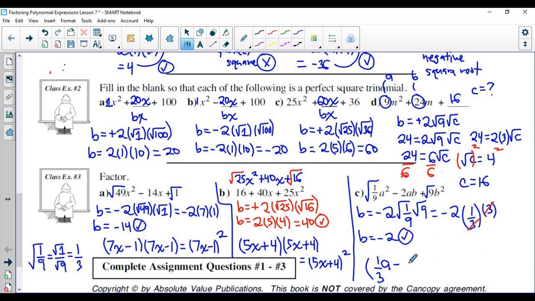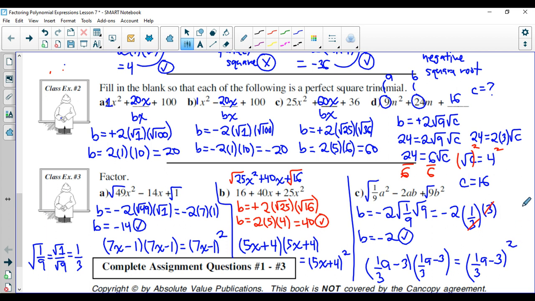And then the square root of the last term, the square root of 9, would be 3. So we'd have 1/3 a minus 3, another 1/3 a minus 3, and then this would be equal to 1 over 3 a minus 3, all squared.